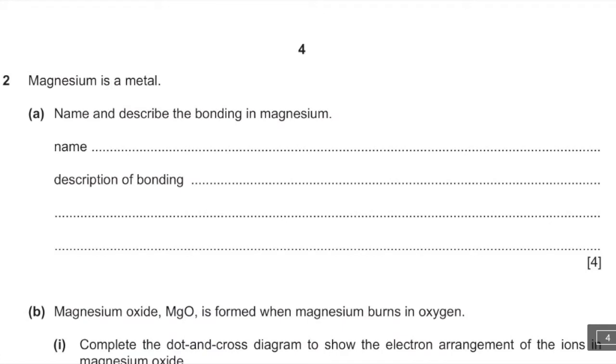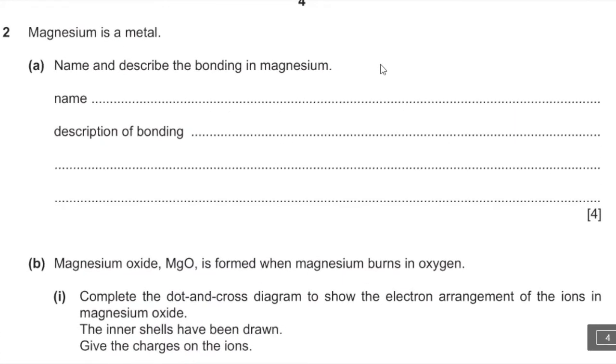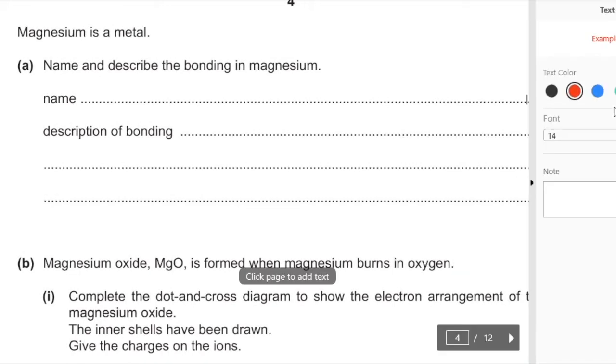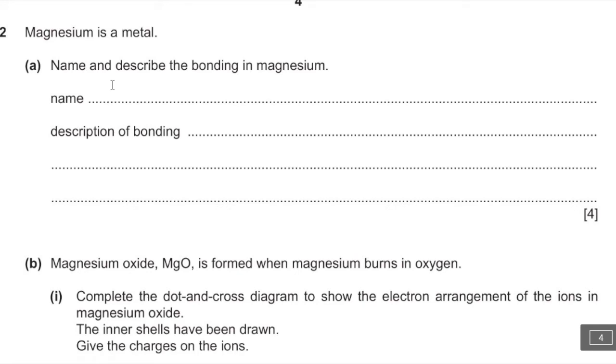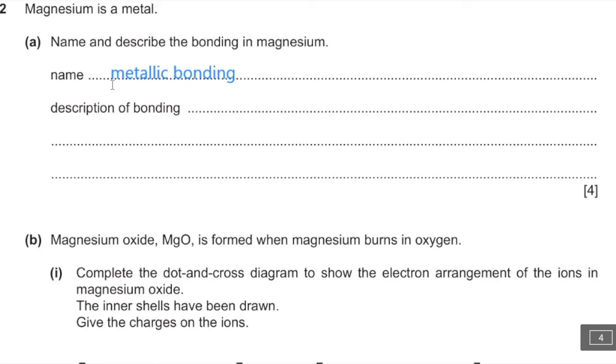2. Magnesium is a metal. A. Name and describe the bonding in magnesium. Alright, so magnesium, any metal, has metallic bonding. So we'll start by writing the name. And the description of the bonding.